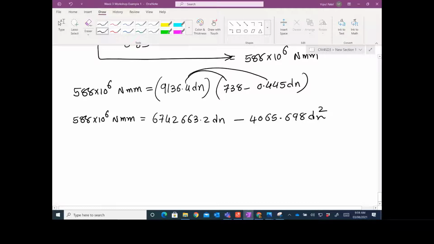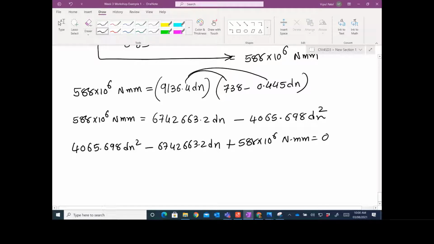If I put it on one side: 4065.698 dn squared minus 6,742,663.2 dn plus 588 times 10 raised to 6 newton millimeters equals 0.